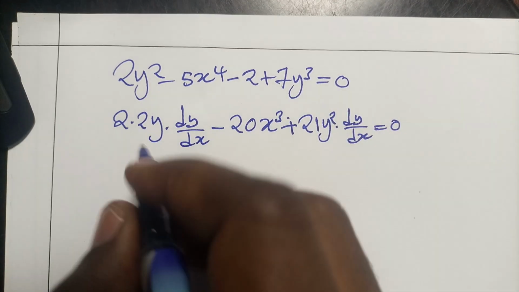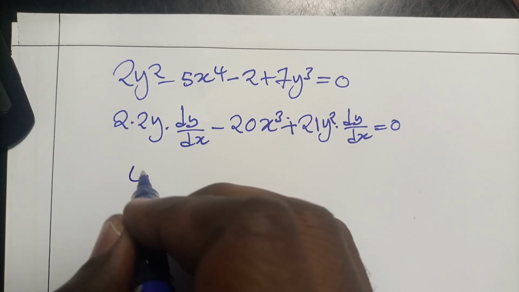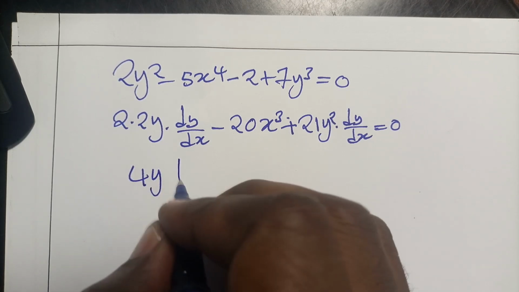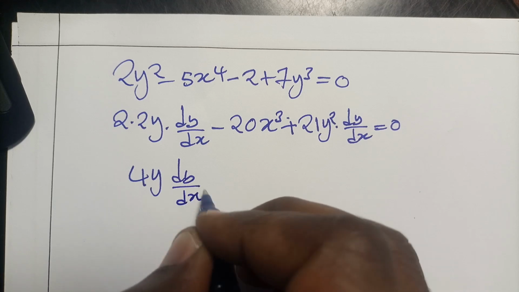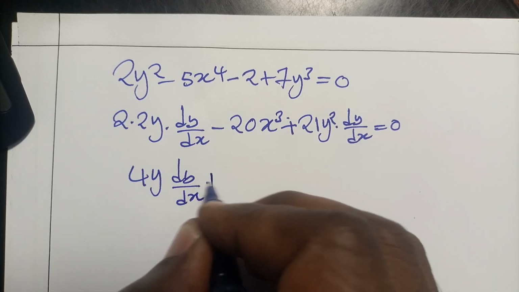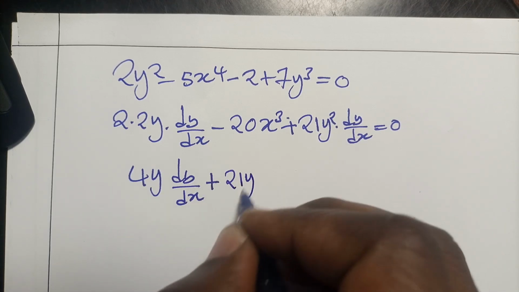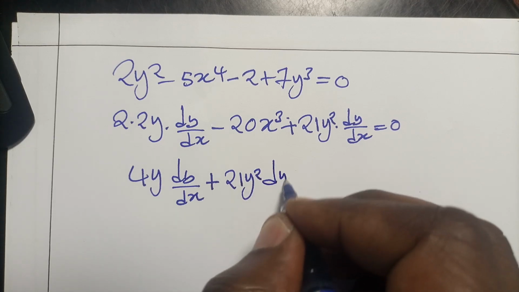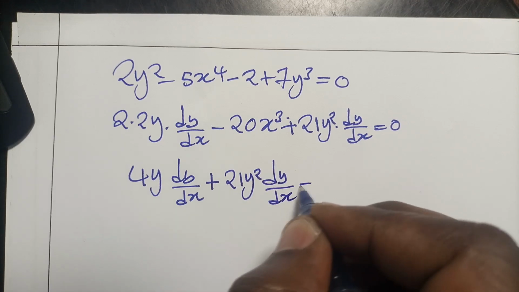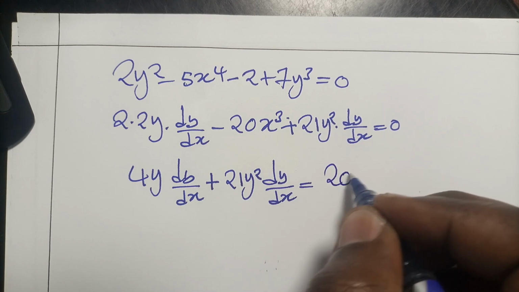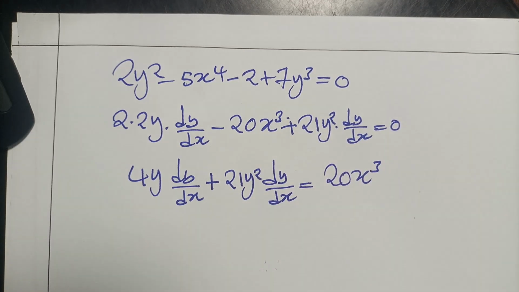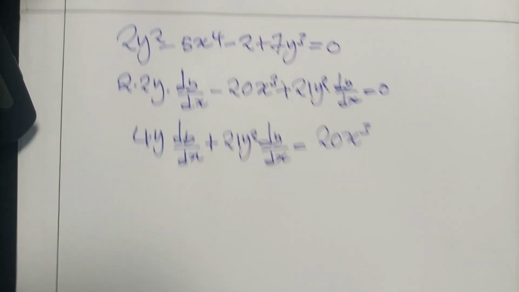So you get 4y dy/dx plus 21y squared dy/dx being equal to 20x to the power 3. Then factorize the dy/dx from here.